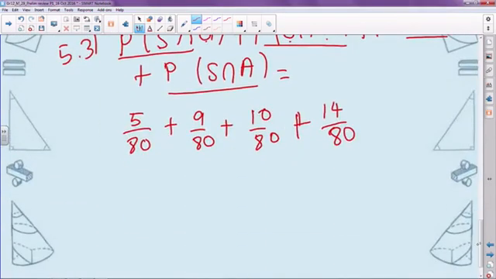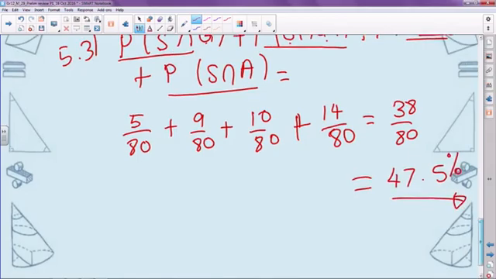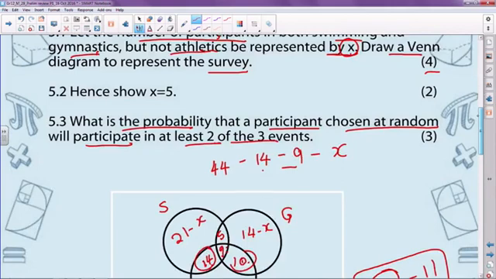Okay, when you add all of those together, you end up with 38 over 80. You can change that into percentage form and you'll get 47.5%. So that's the chance of selecting a random person that's going to compete in at least 2 of the 3 events, and that was for 3 marks.